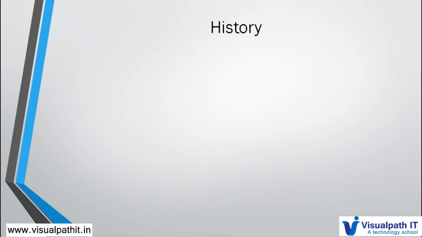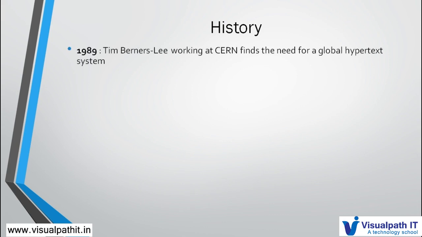Before going forward, let us understand the history of HTML, how it was born and how it came into the picture. In 1989, Tim Berners-Lee, working at CERN, found the need for a global hypertext system.